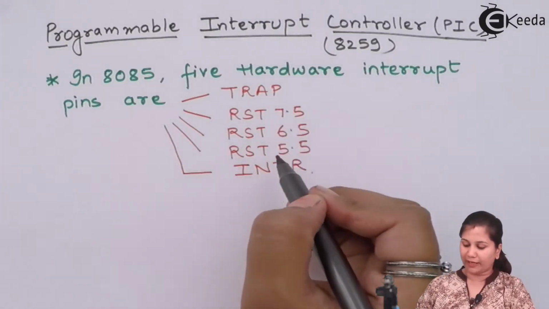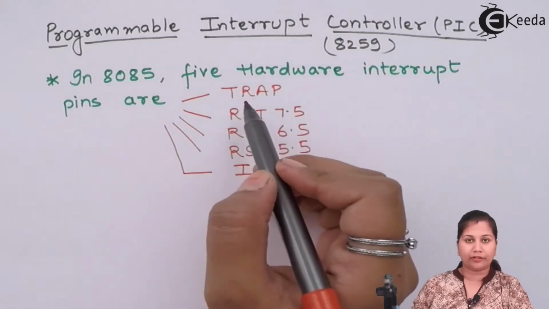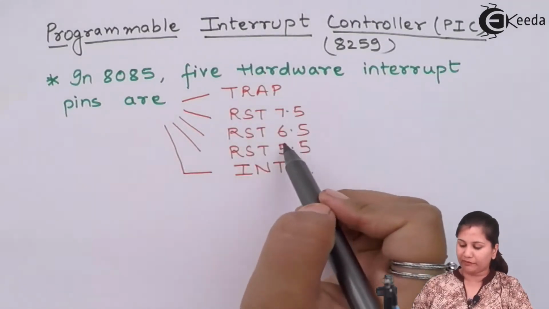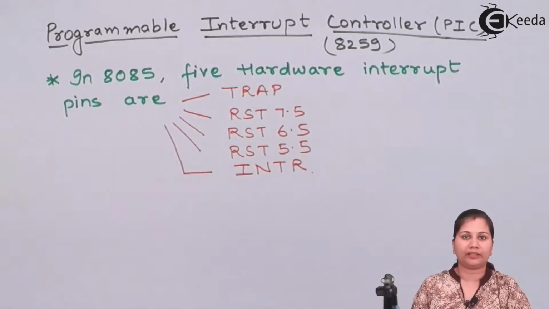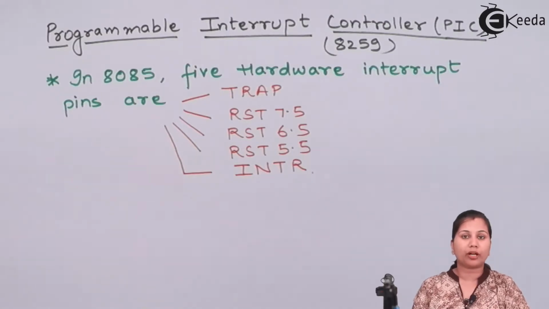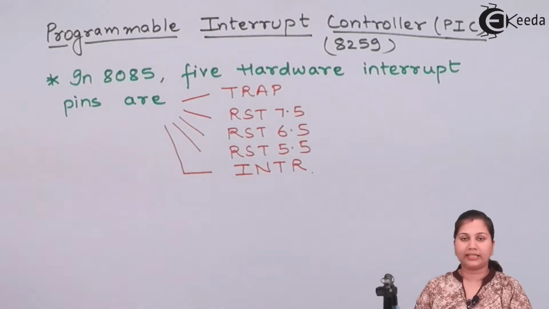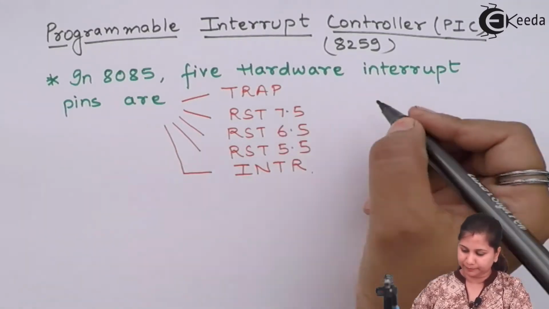Now out of these 5 hardware interrupts, the 4 hardware interrupts TRAP, 7.5, 6.5 and 5.5 have interrupt vector addresses, or we can say that these 4 interrupts are vectored interrupts. Vectored, because the address of the memory location where the interrupt service routine is written is known for these interrupts, like for TRAP, we have the address.